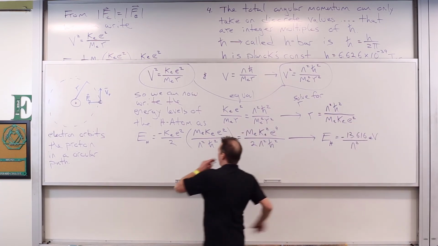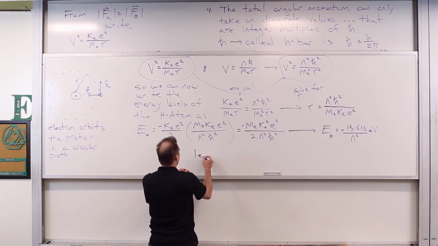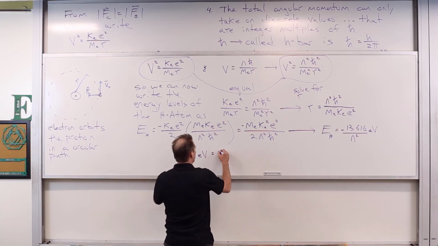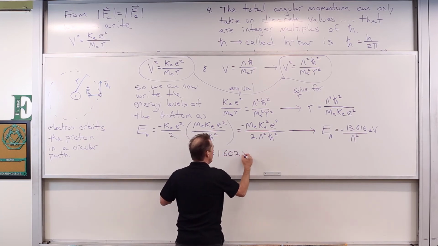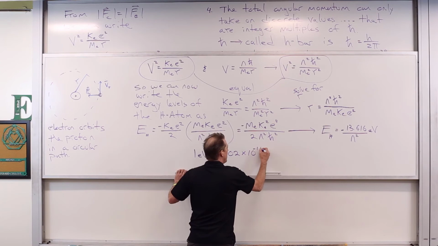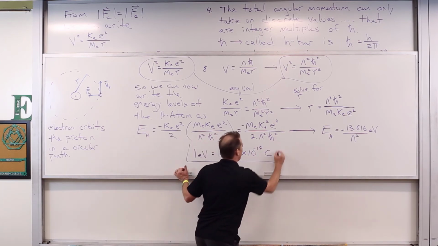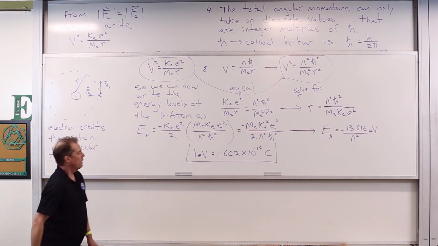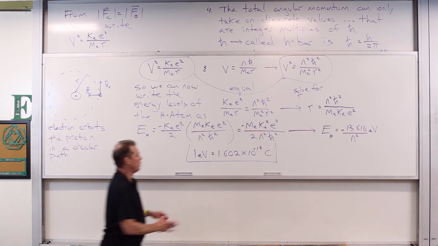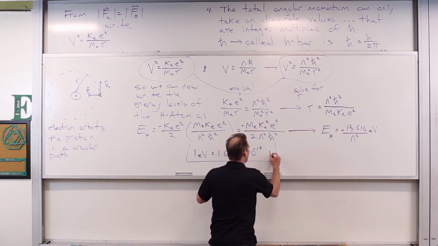But here we go. We've got that 1 electron volt is equal to 1.602 times 10 to the negative 19 joules. There is the conversion factor for electron volts.